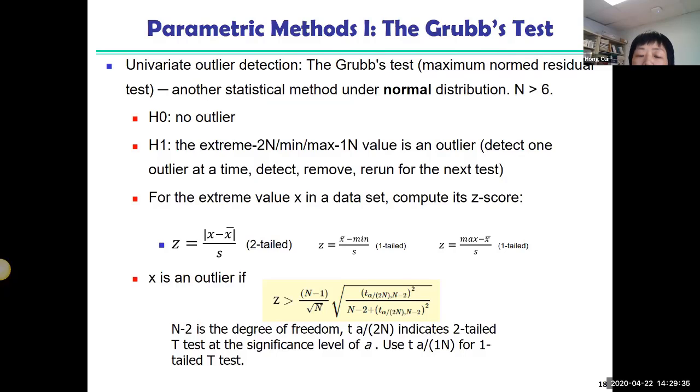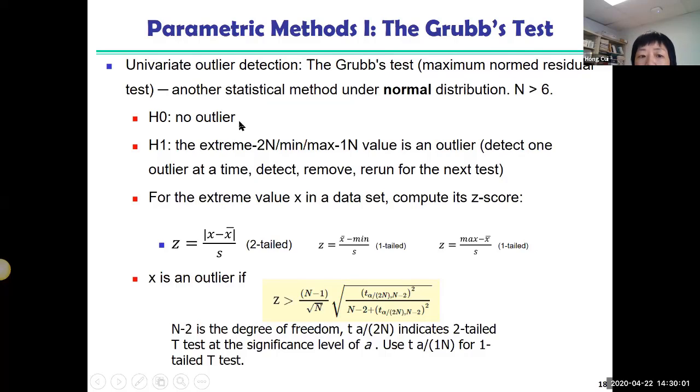Another univariate outlier detection method is the classic Grubbs test. Again, it's univariate. It assumes that data is normally distributed, and for Grubbs to have its power as designed, our data sample size needs to be greater than 6.